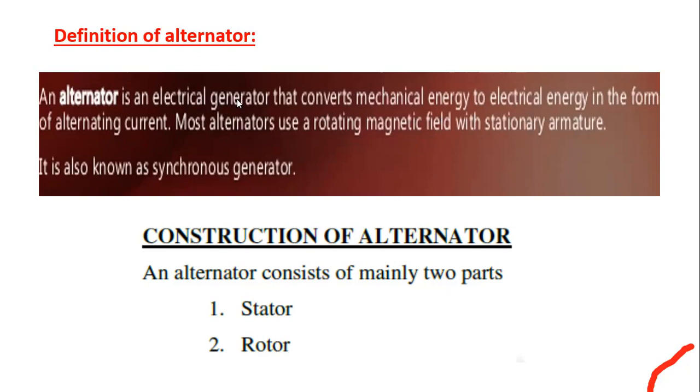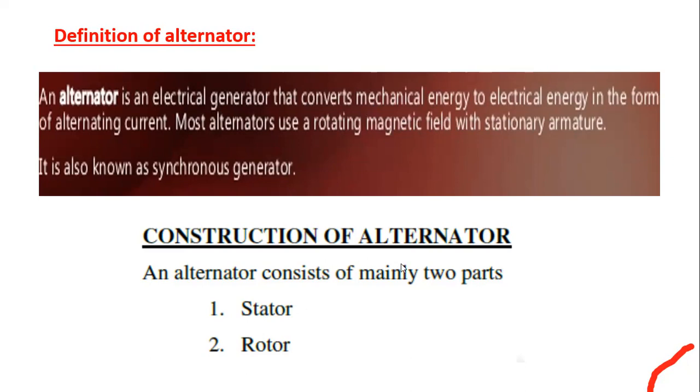But in the case of a DC generator, the magnetic field is stationary and the armature is rotating. That is the only single difference between the AC generator and the DC generator.